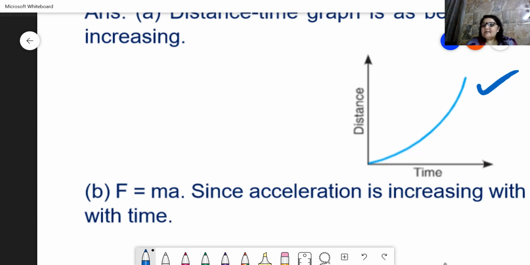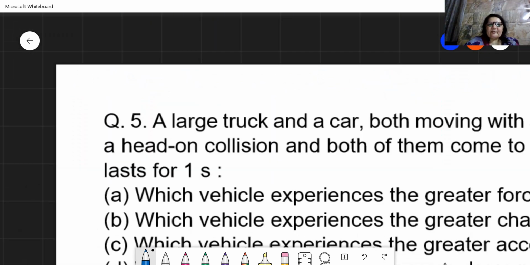So if you compare your graph with the distance time graph and then with the acceleration, if distance is increasing in non-uniform motion, then you can just say that acceleration is also increasing. If you are increasing your acceleration, then automatically force is also increasing with time. So that's your question number 1.